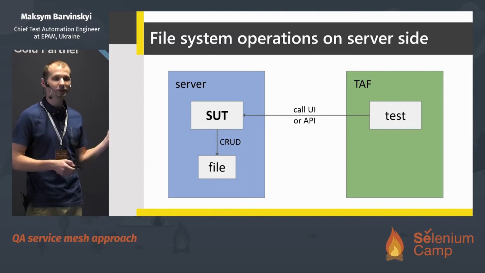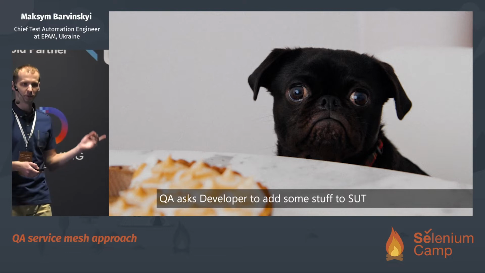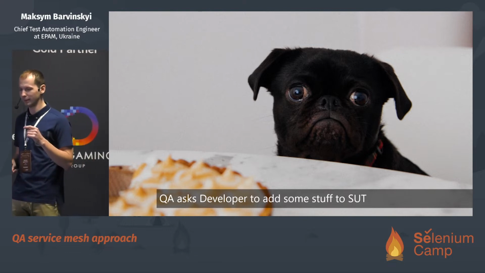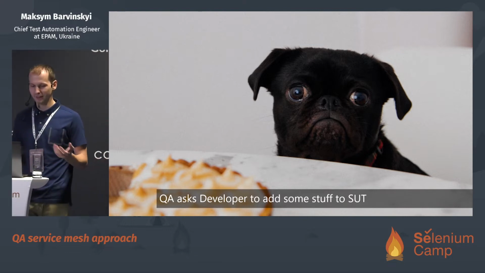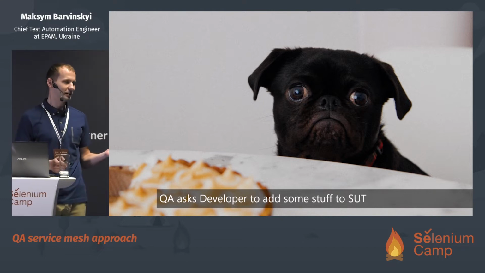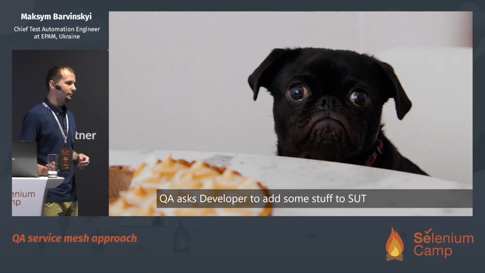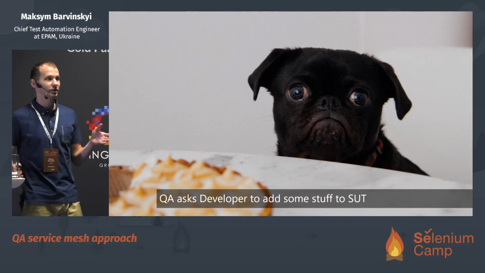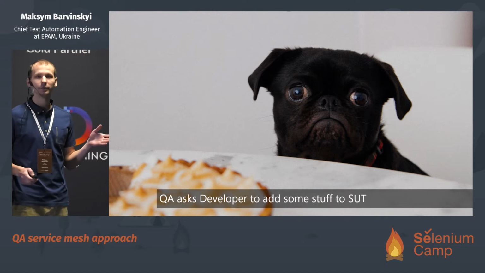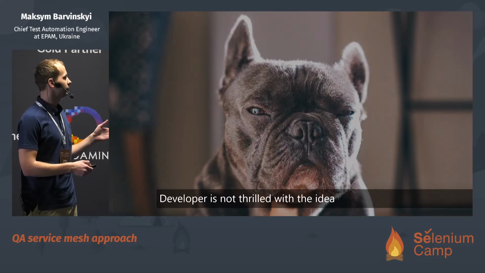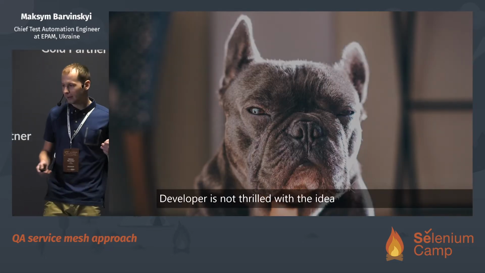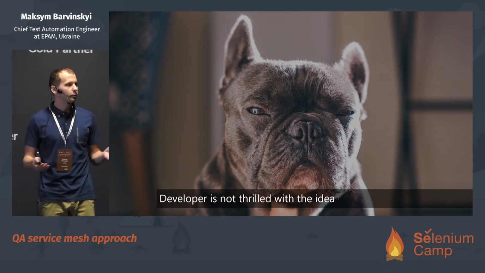So our solution was to come to developers with a face like that and ask them, could you please just add some endpoints where we could create our file, where you deployed? And I believe you can imagine the developer's face. It was something like this. And they said, come on, guys, we can't do that.